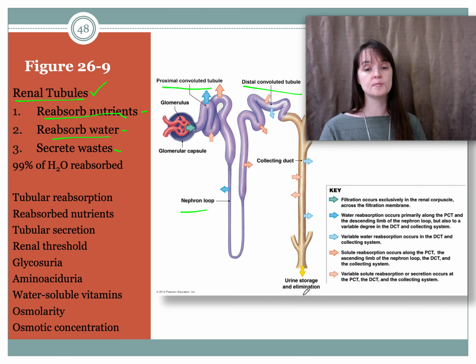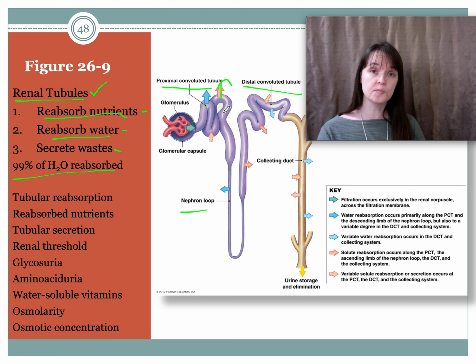It's in a tubular system that leads to the outside. So the parts in the fluid that you need, like 99% of the water, and the nutrients, the glucose, the ions that you need, are going to get reabsorbed. The cells that make up these renal tubules pull those ions and glucose out of the tubular fluid and put them into the peritubular space.